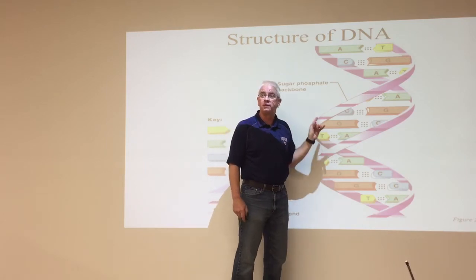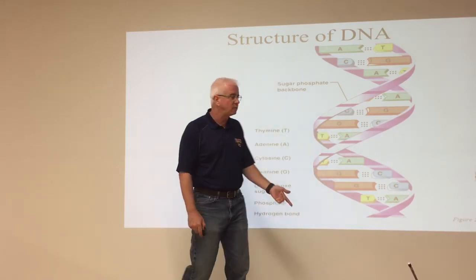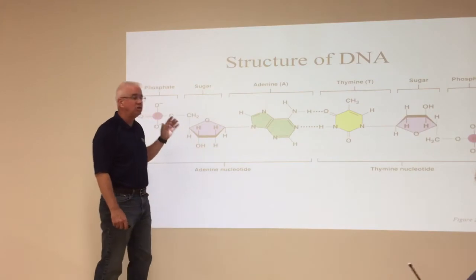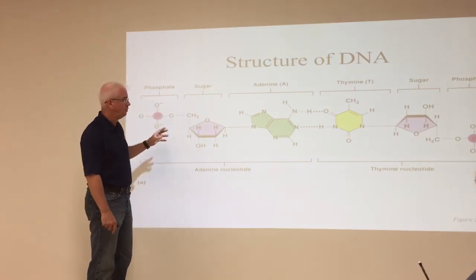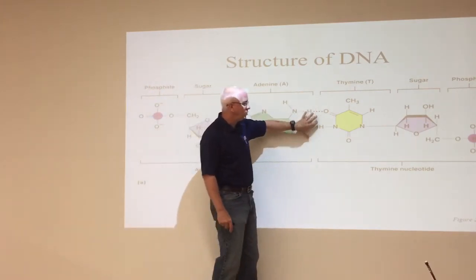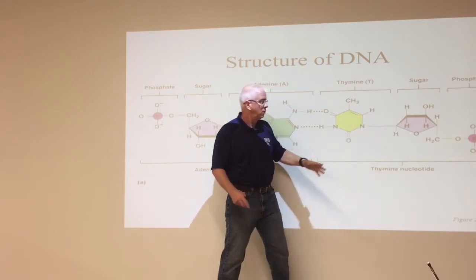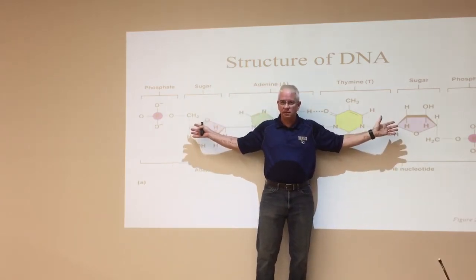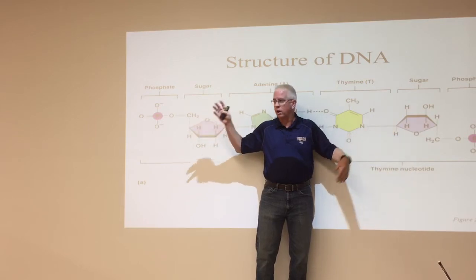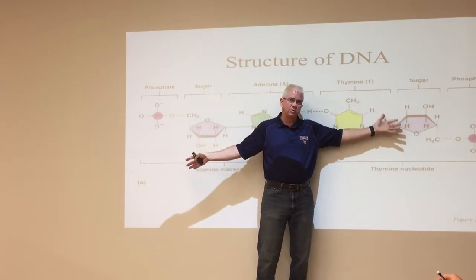So let me show you the previous picture again, and then we'll look at this one more time. So this is just one of those interactions. This nucleotide is hydrogen bonding with this one. So this is one piece of the DNA where this nucleotide base pairs with this one.